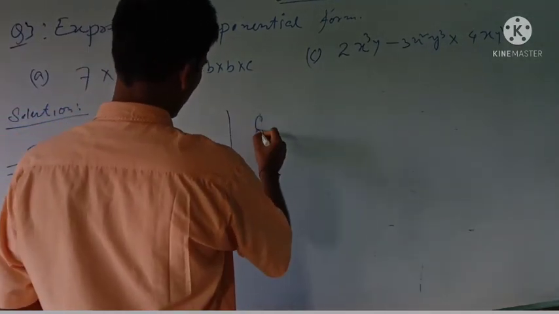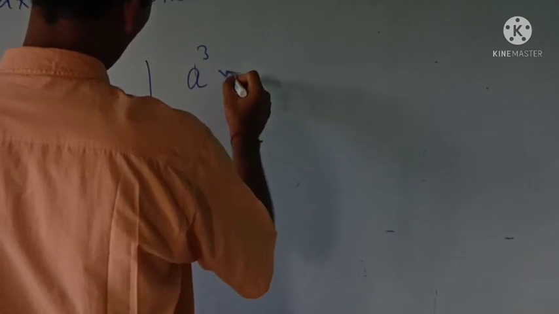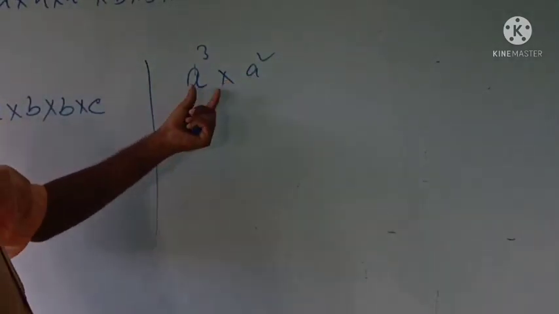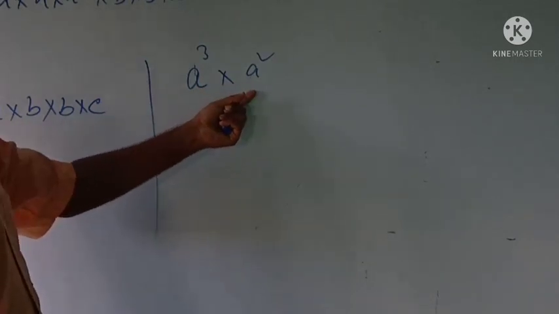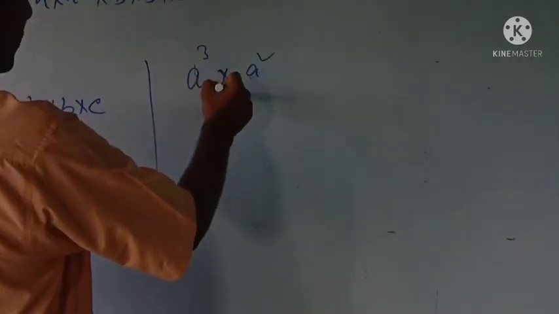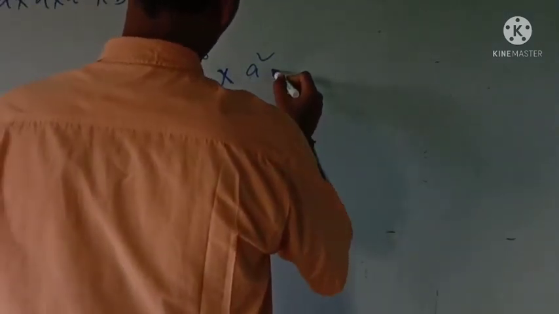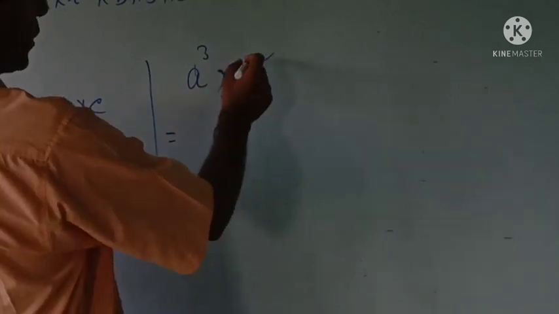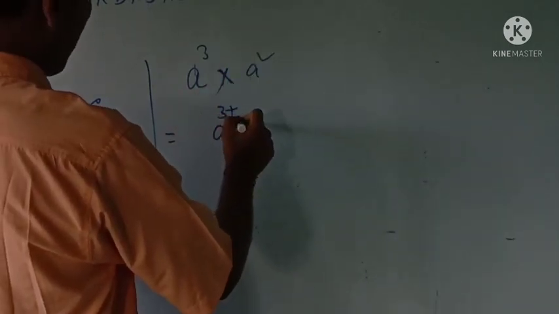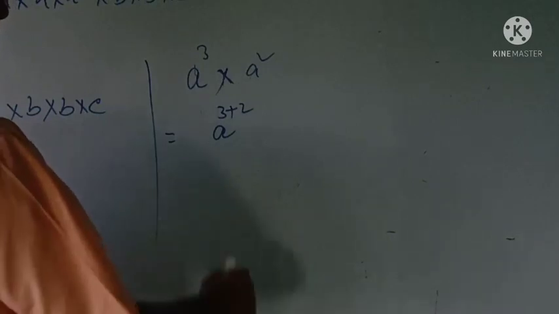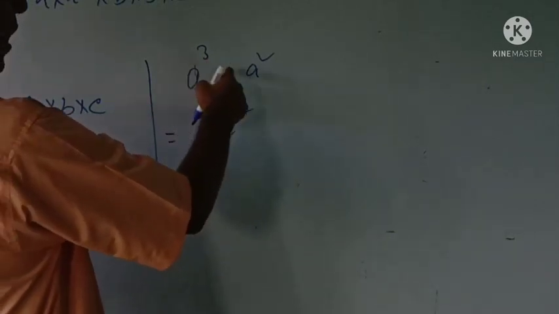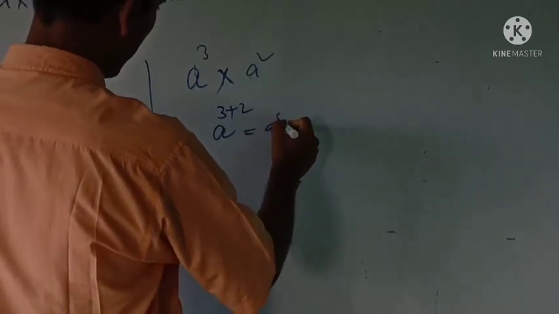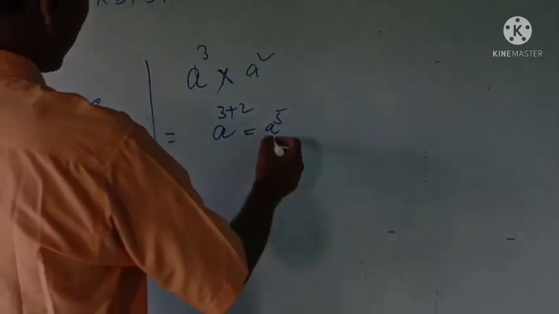Remember, when the bases are the same, say a cube into a square, and in between there is a multiplication sign, we write the base and add up the powers. The power of a is 3 and the power of a is 2. So 3 plus 2, what do we get? a raised to the power 5. This is the solution here.